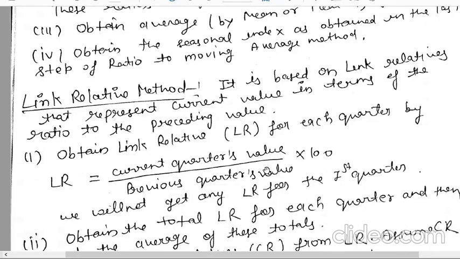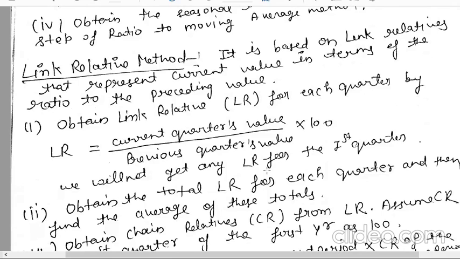Now, next is the link relative method. It is based on link relatives that represent the current value in terms of the ratio to the preceding value. Obtain the link relative LR for each quarter by LR equals current quarter's value upon previous quarter's value into 100.